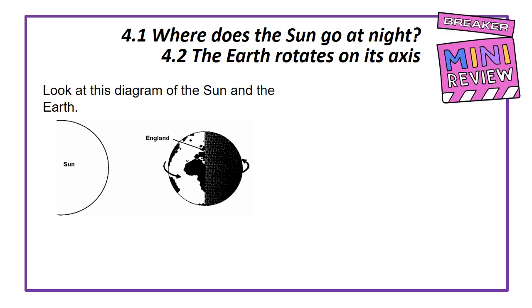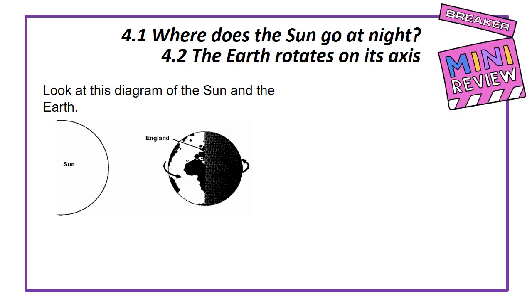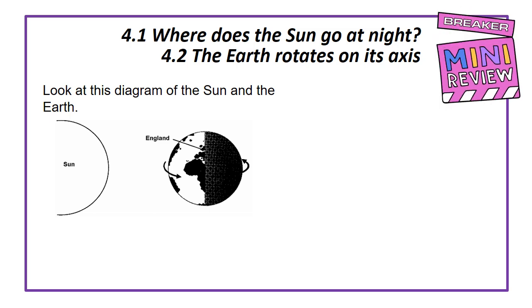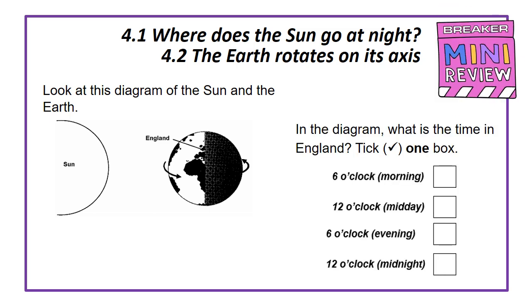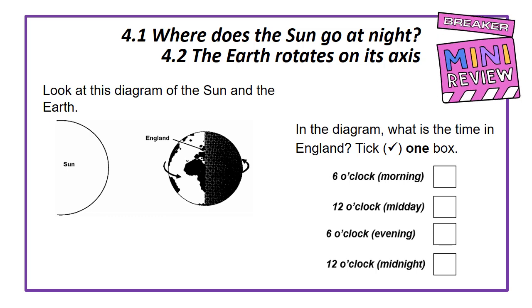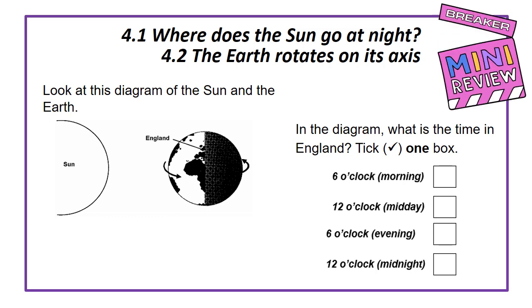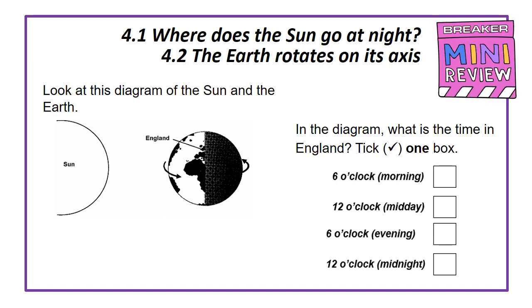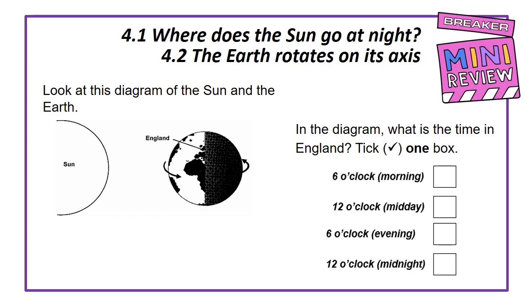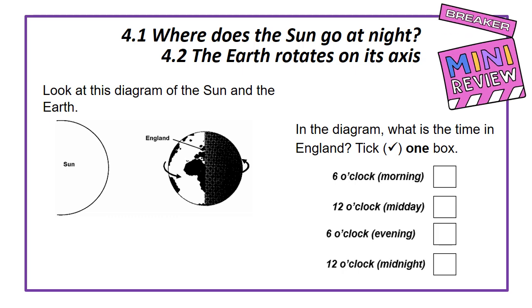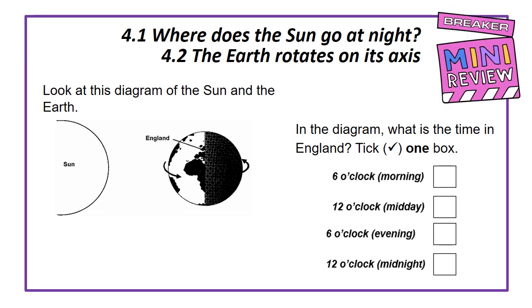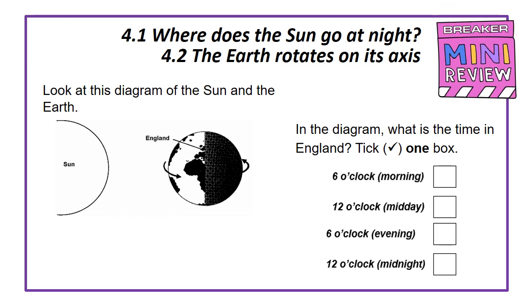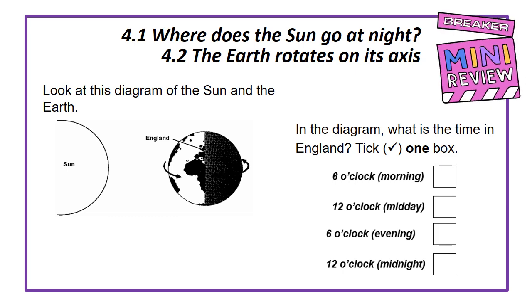We have here another diagram of the sun and the Earth. Now the question is, in the diagram, what is the time in England? Tick one box. In order to answer this, firstly, we need to locate England in the diagram. So it is labeled. Where is it?